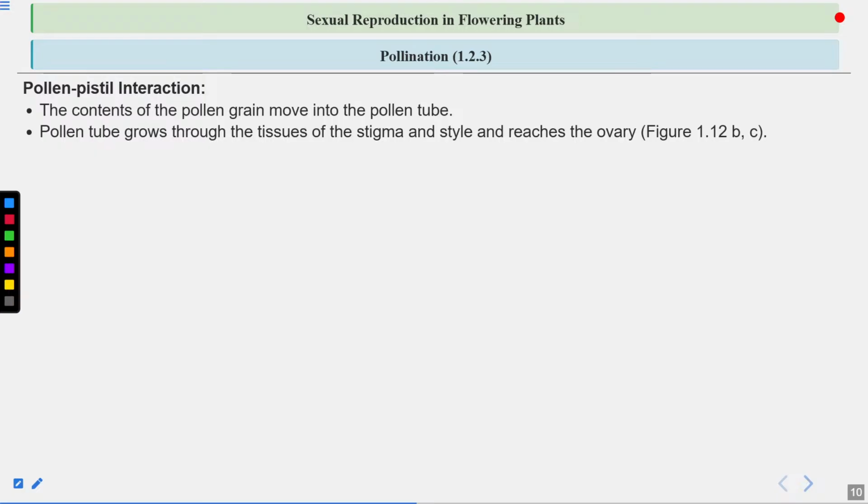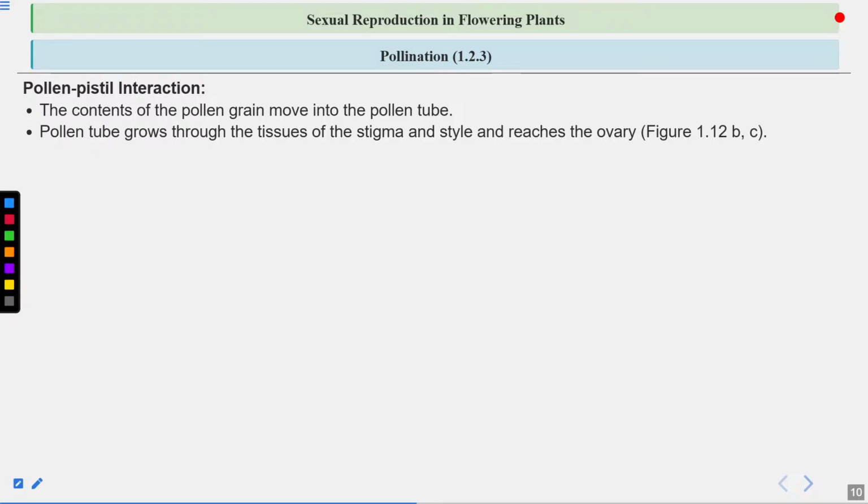Suppose it penetrates the stigma, it will be stopped at the style level. Suppose it penetrates the style, it is stopped at the ovary level. In different species, there are different mechanisms to stop the incompatible pollen grain from leading to fertilization.